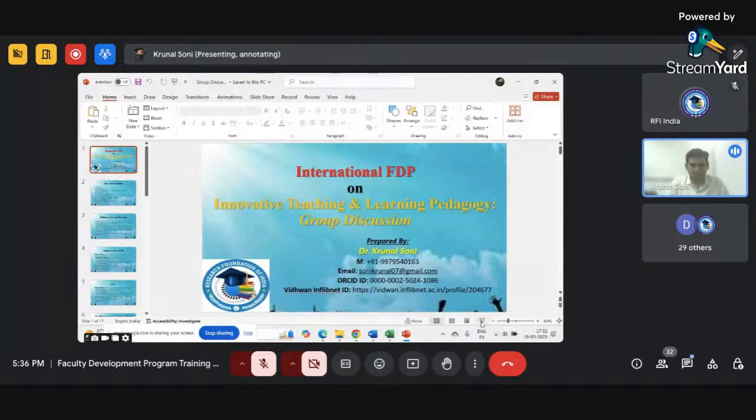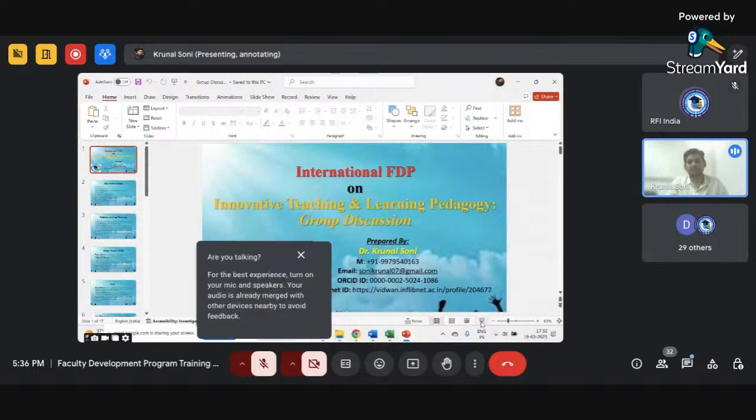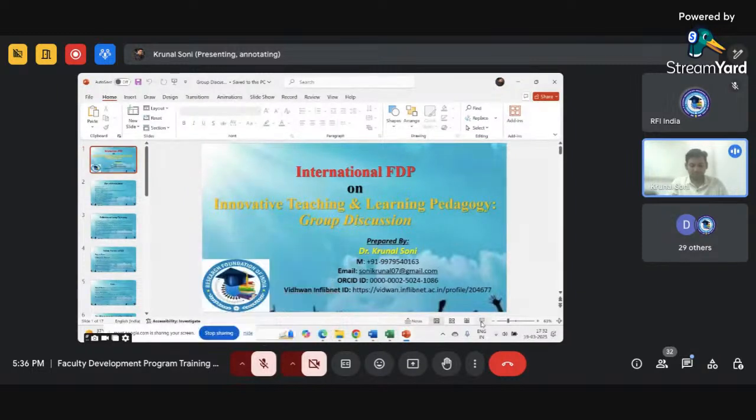Okay, so the flow of presentation for today's topic: we will begin with the meanings of group discussion, in terms of different characteristics and parameters. The second aspect is the salient features of group discussion. If you are considering group discussion as one of the parameters, then what are the different features that we have to see as a part of group discussion?